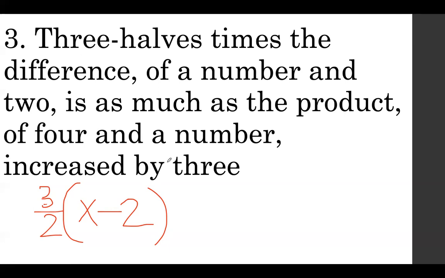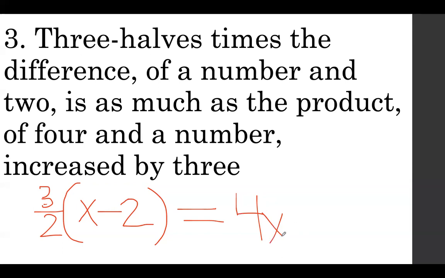Now it says is as much as. Again, this is another way of saying equals. So is as much as will be equals the product, which we've already talked about before, product being multiplication, of 4 and a number. So of 4 times x increased by 3.